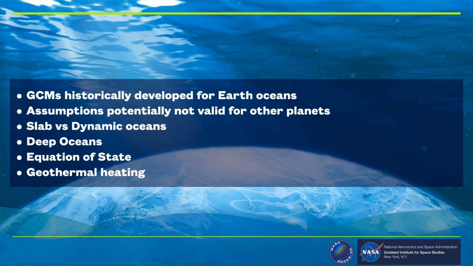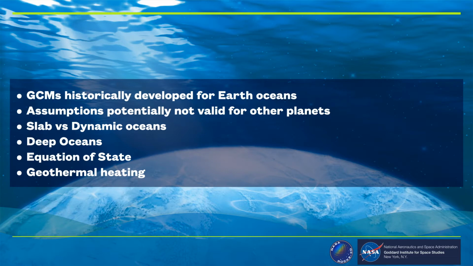Which is why the amazing variety of exoplanets potentially harboring a surface ocean or a subsurface ocean requires that we revisit some of the assumptions that we've been using for years or even decades while developing a global climate model for Earth's ocean.